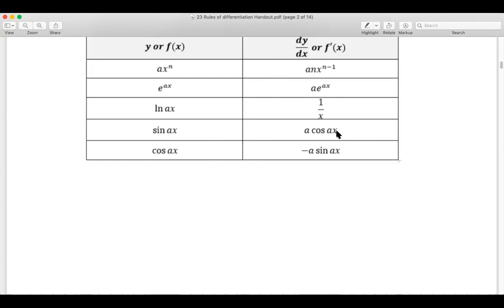So we bring a out and multiply. If there's a 3 in front of this sine, then we multiply, and that becomes 3a cosine of ax. And then doing a cosine differential, we take a out and it becomes minus a times the sine of ax. So have a go at those two problems for about 5 minutes.